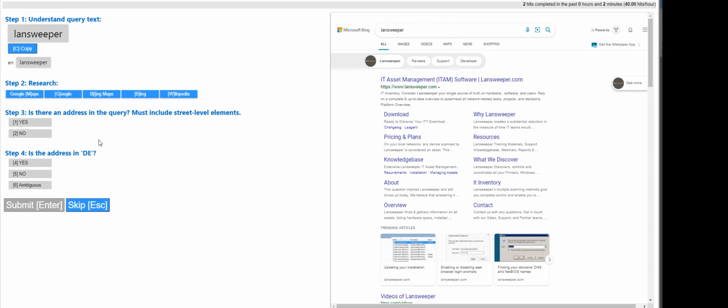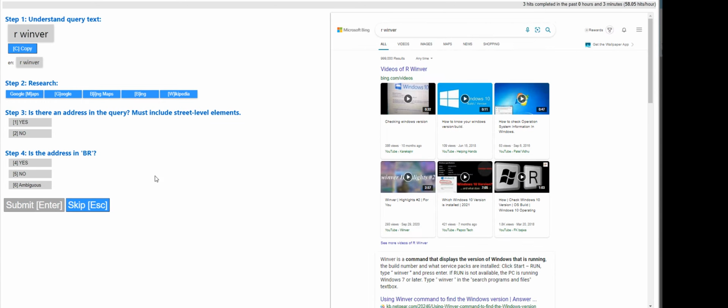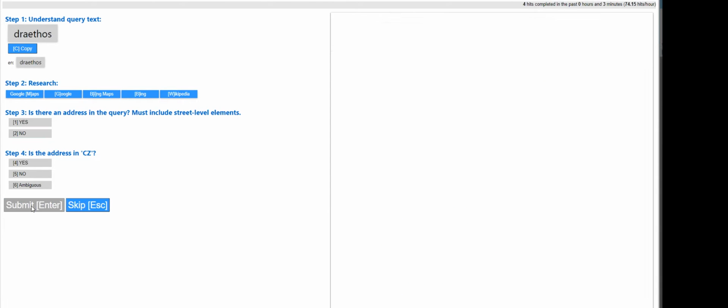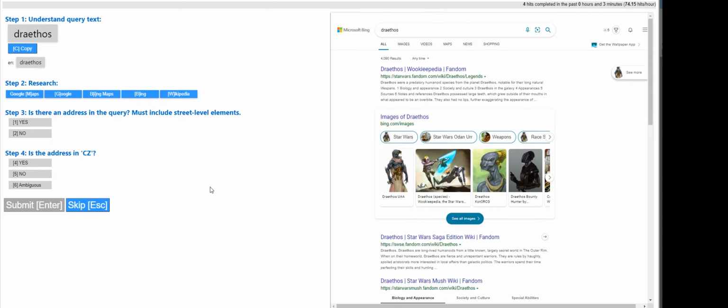Moving on to the next, it's Land Sweeper. This isn't an address, so we have to click on no and just click submit. Moving on to the next HIT is Our Winver, not an address, so click on no and click submit. Moving on to the next is Drathos.